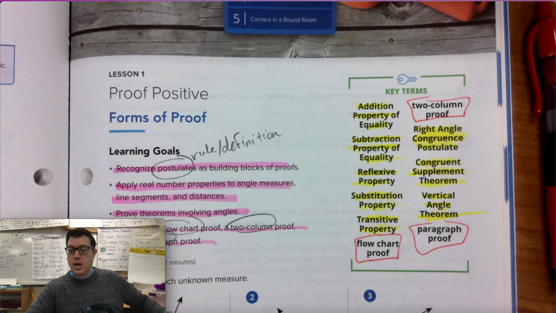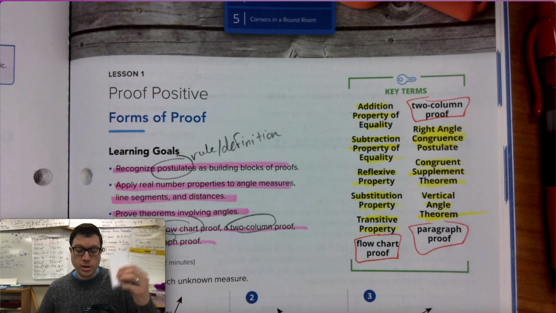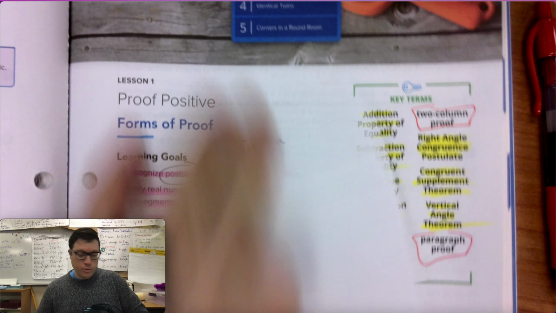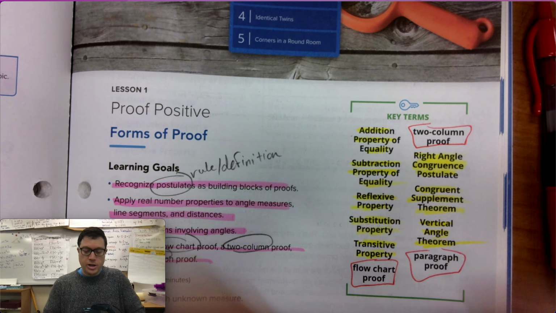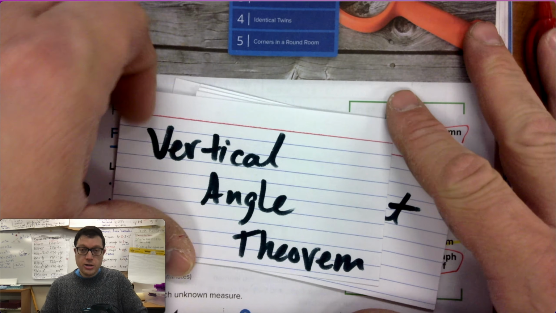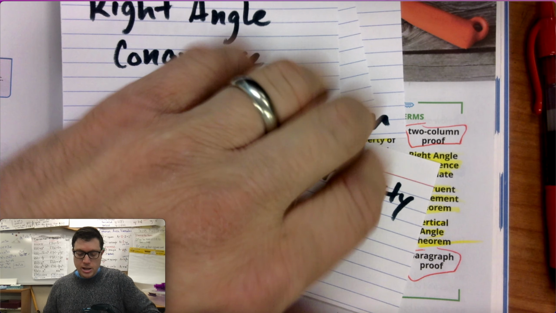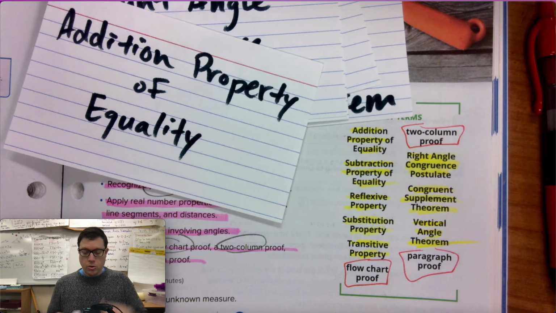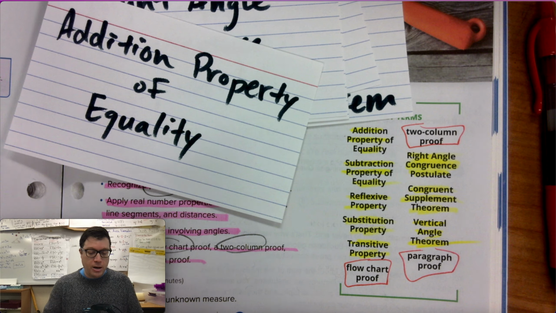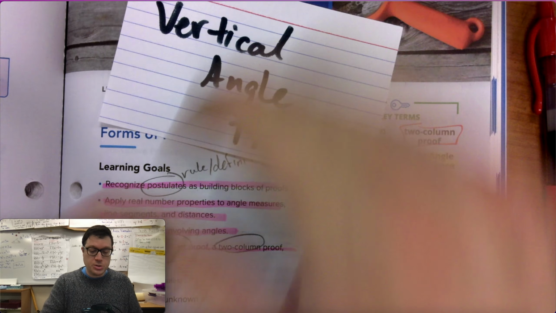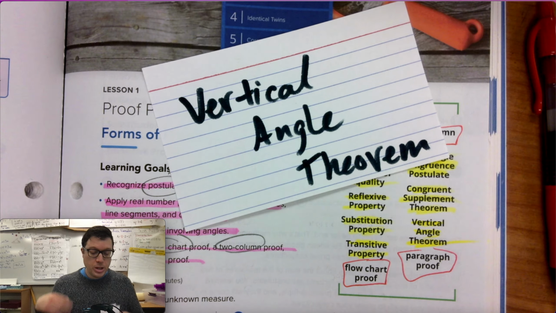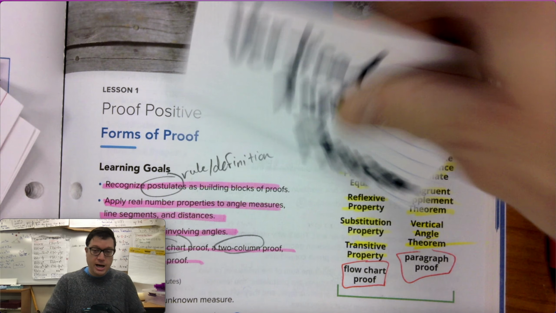In fact, I took note cards, and with those note cards, I wrote down all of the yellow highlighted key terms. These are going to be things that you have to draw upon quickly. Whenever we talk about, for example, my favorite, the first one, vertical angles, you should eventually have this note card.